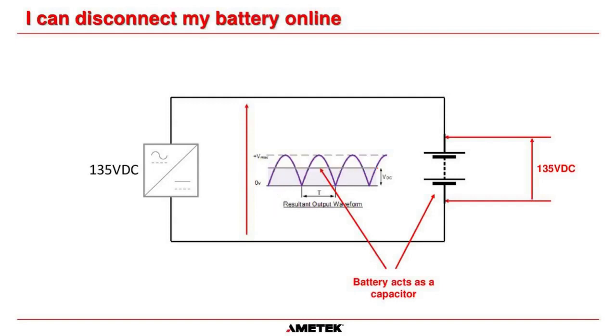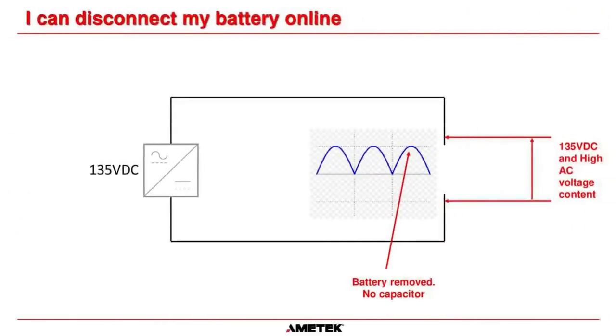So try and follow me with this. If we disconnect the battery to do some maintenance on it, and this charger is an older charger that does not have a filter capacitor bank inside of it, what's going to happen is we lose the capacitance of the battery.